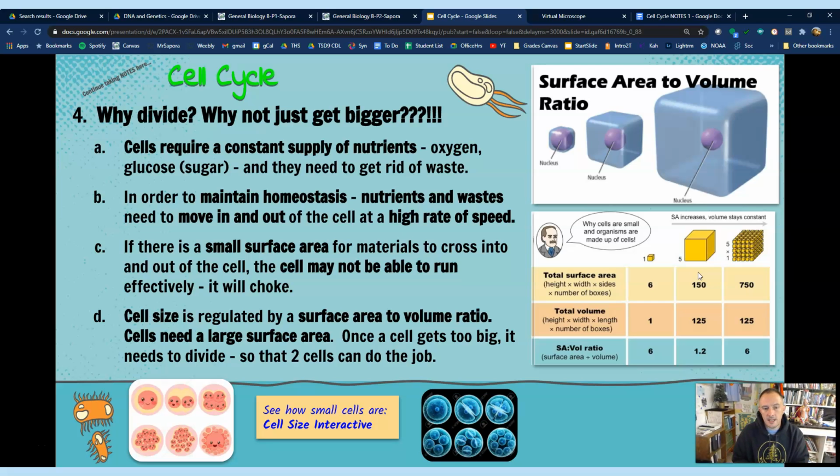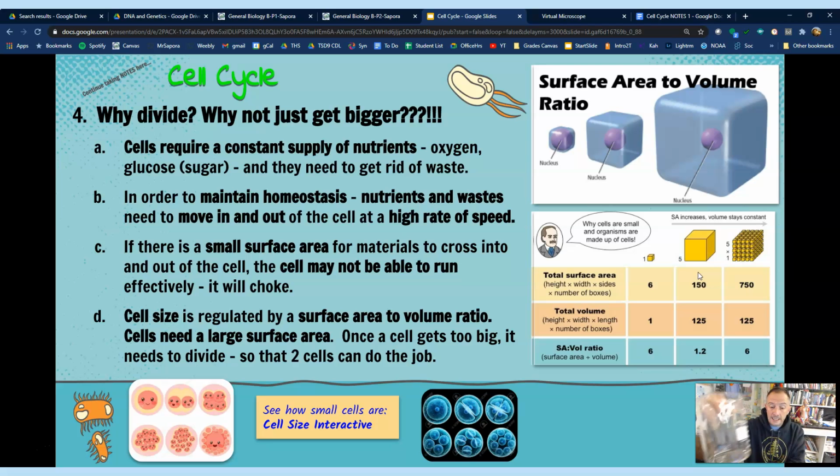So, example. This little jar here, where oxygen and nutrients are going in and out, trying to get to the middle of this jar. Well, there's a lot of room all around here, and it's a small area in the middle so it can move back and forth. Now, if we get something bigger, all of a sudden it's more distance to the middle of this thing, and there's not as much surface area on it.